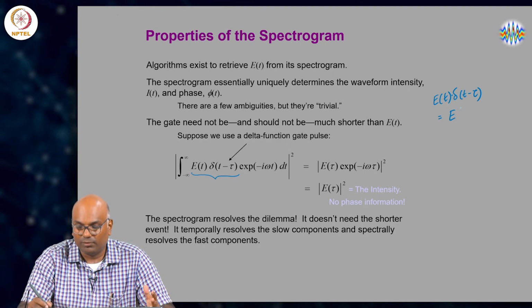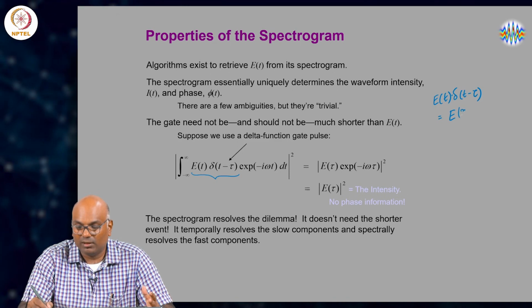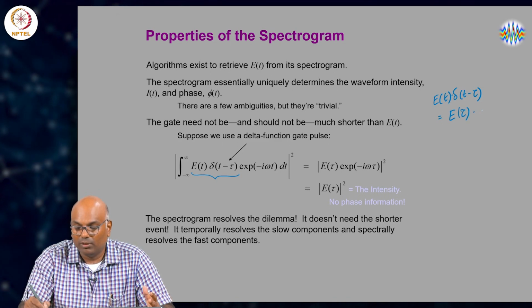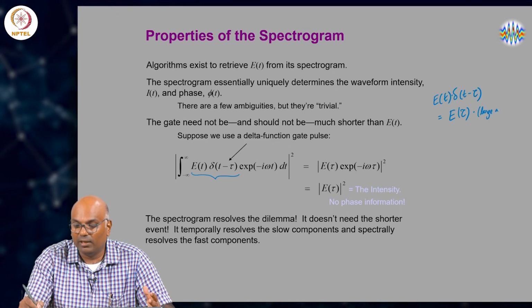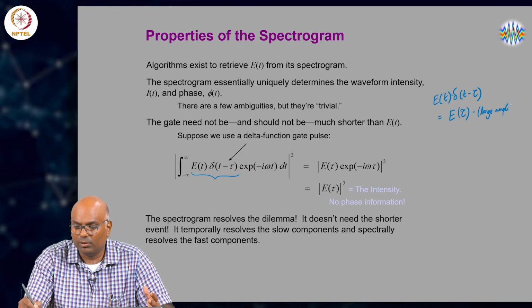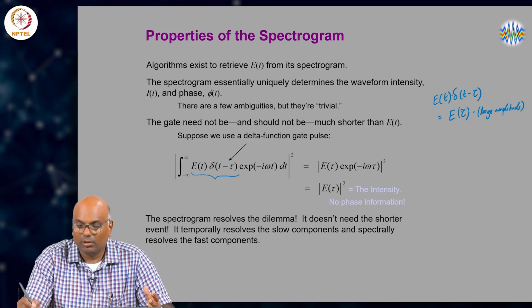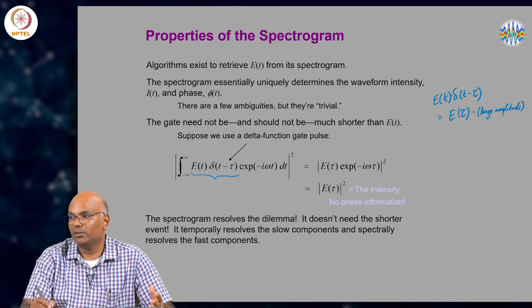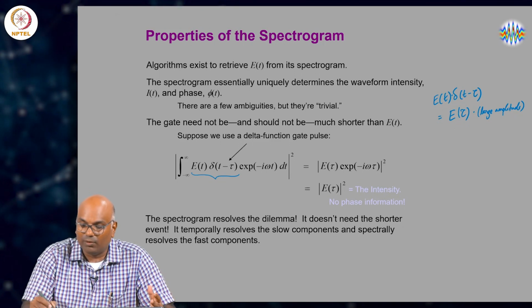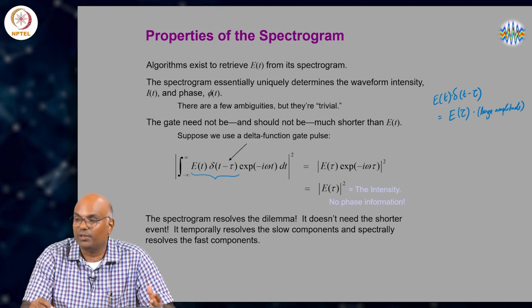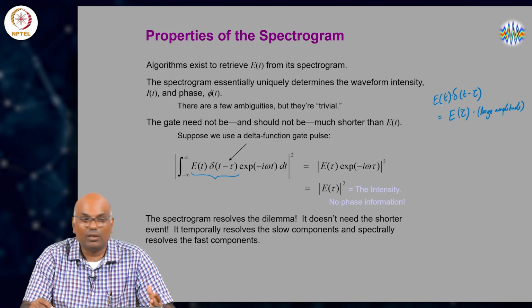So, therefore, this is E of tau multiplied by some very large amplitude for all values of t. This left hand side quantity is still a function of t. This is now the kernel.